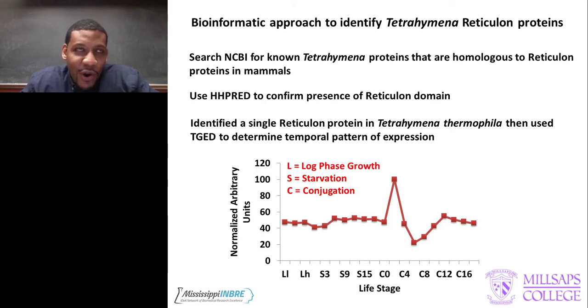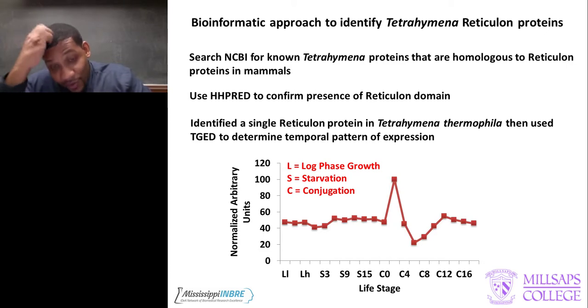So once we confirmed that the proteins that we found in Tetrahymena were indeed Reticulon proteins, we then used the Tetrahymena gene expression database to see at what point in the Tetrahymena life cycle this particular Reticulon gene is expressed.